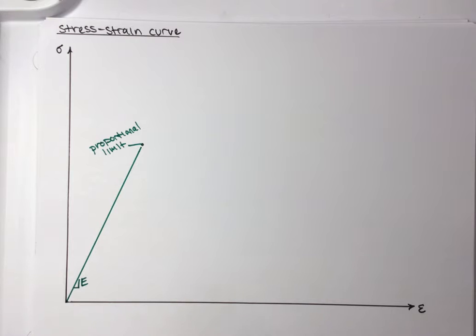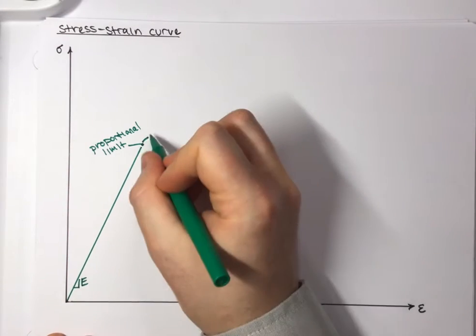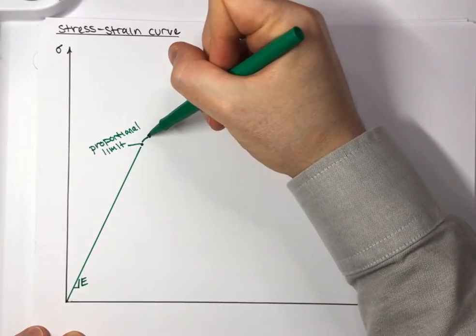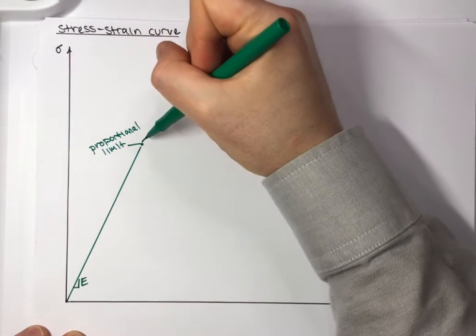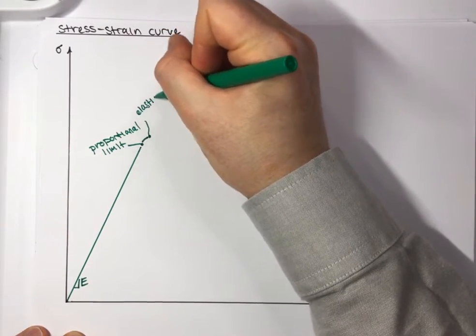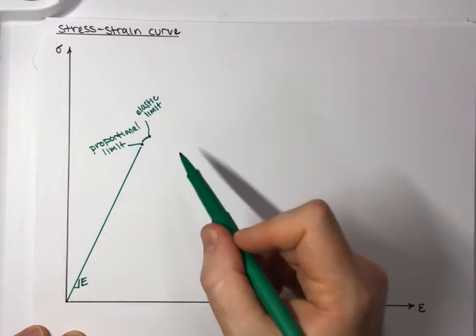So the first thing that happens is we're going to start to curl over here, and at a very small amount of strain later, we're going to get to another point which we call the elastic limit. And sometimes people don't really distinguish between these two, but in this class for right now, we're going to make a distinction there.